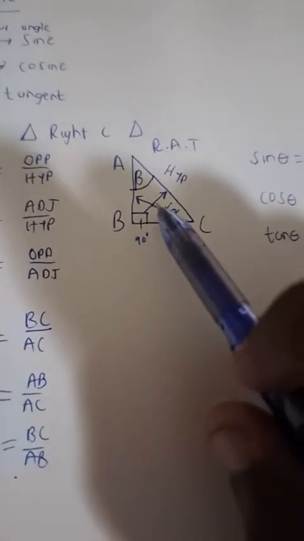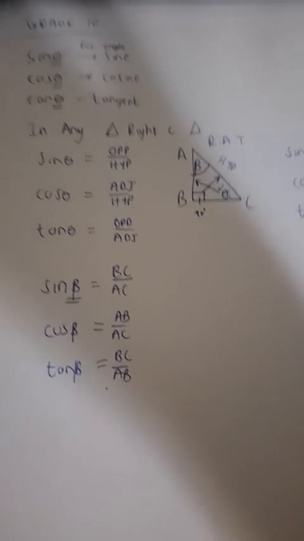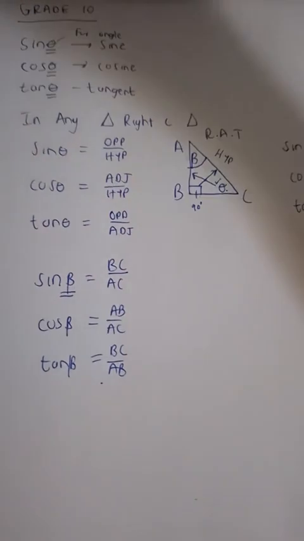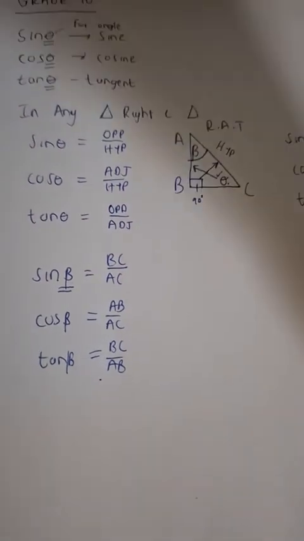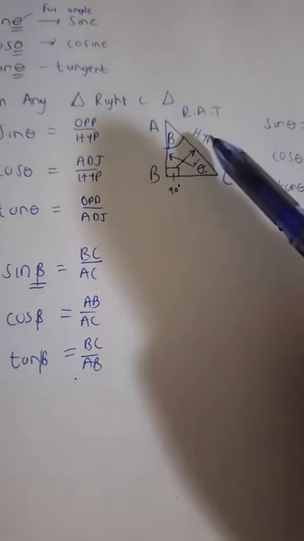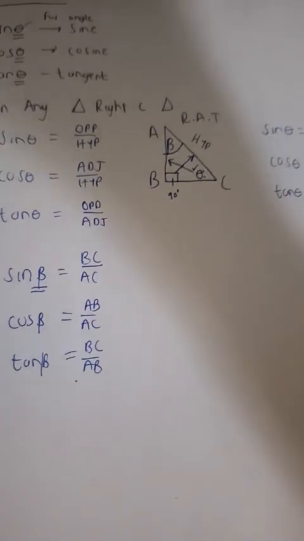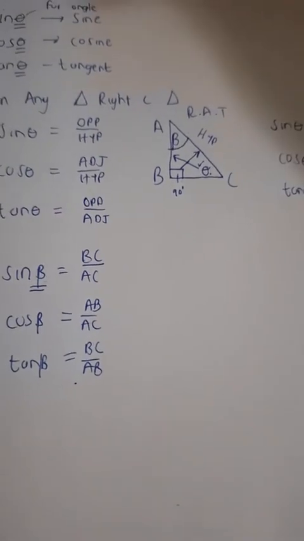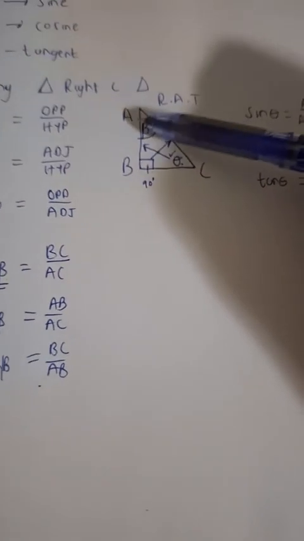So this is when we are given a right angle triangle. We need to be able to utilize the basic trig definitions and be able to identify the ratio for a given right angle triangle.